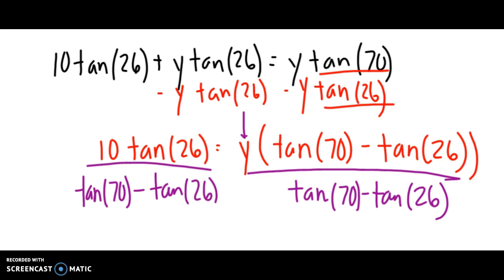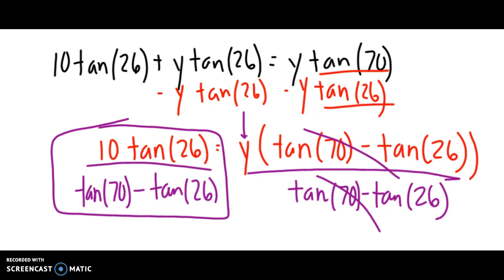Now I'm going to suggest you pause the video here and try to input this into your calculator and tell me what you end up getting for y. Now, I just put it into my calculator, making sure that I used all the parentheses correctly. I ended up getting 2.16.